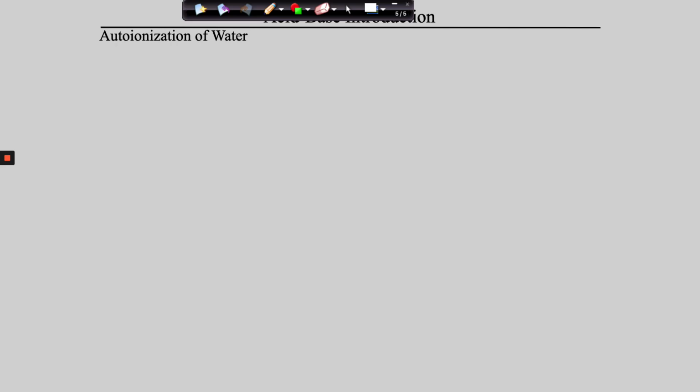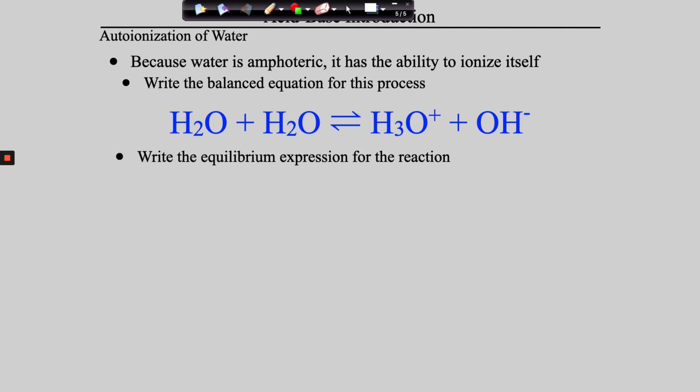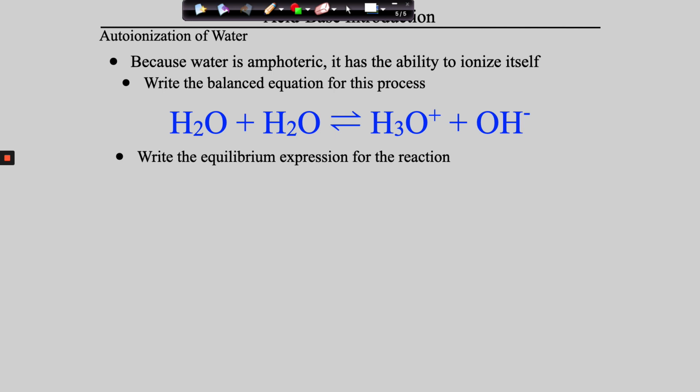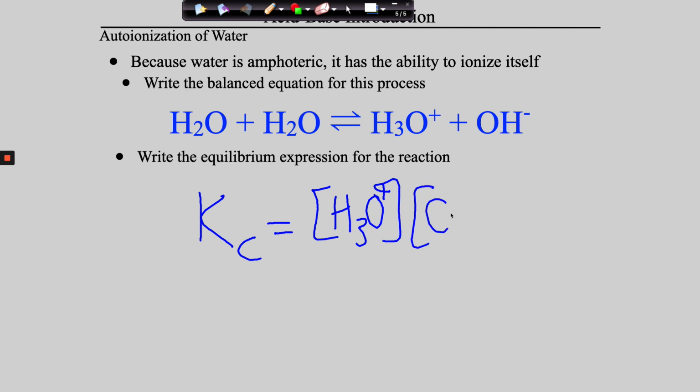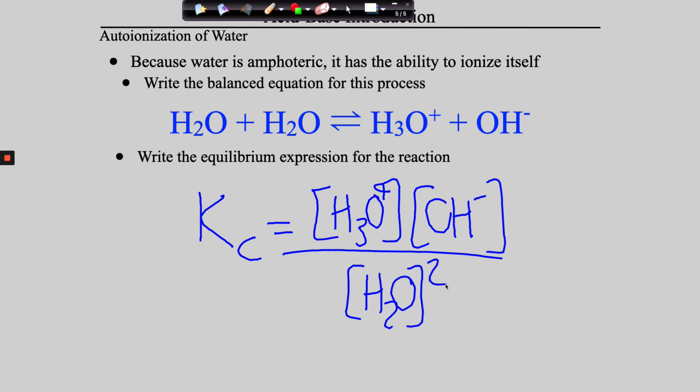All right, so guys, did you get your KW written out, or your KC? So guys, it goes like this. If you didn't get this down, we've got KC equal to the products, H3O+ and OH-, and then in the denominator, water times water is water squared.